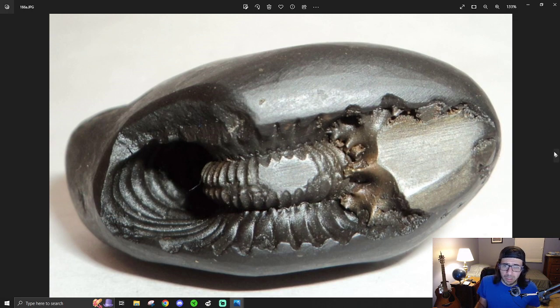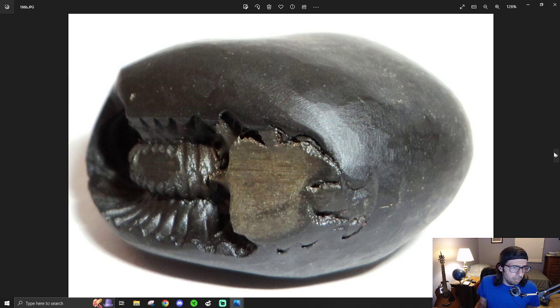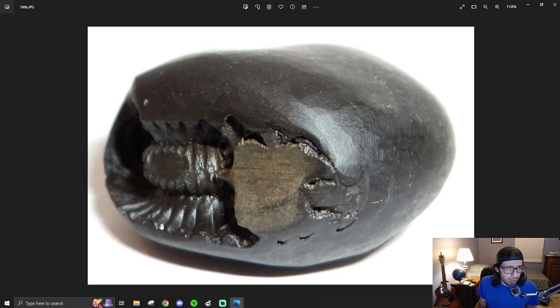I don't know. I just mostly found this interesting because of how flat that is. It's like it was always that flat. It's perfectly flat. Like, what?